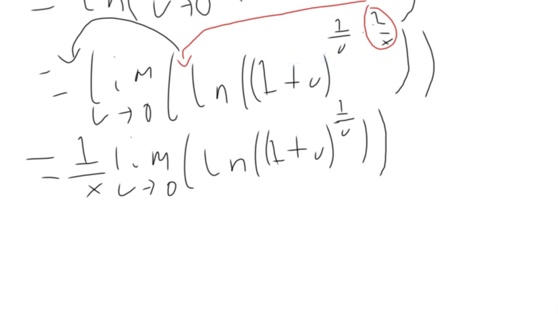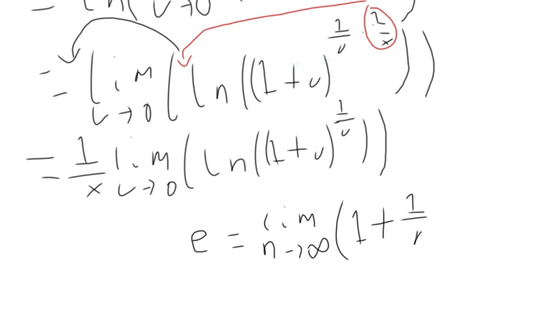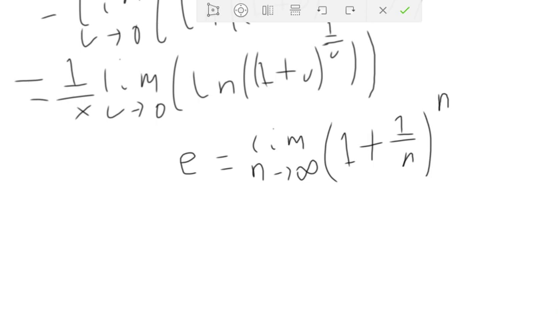So let's take a look at the definition of e. e is defined as the limit as n goes to infinity of 1 plus 1 over n to the n power. I'm going to do another substitution in this limit now.